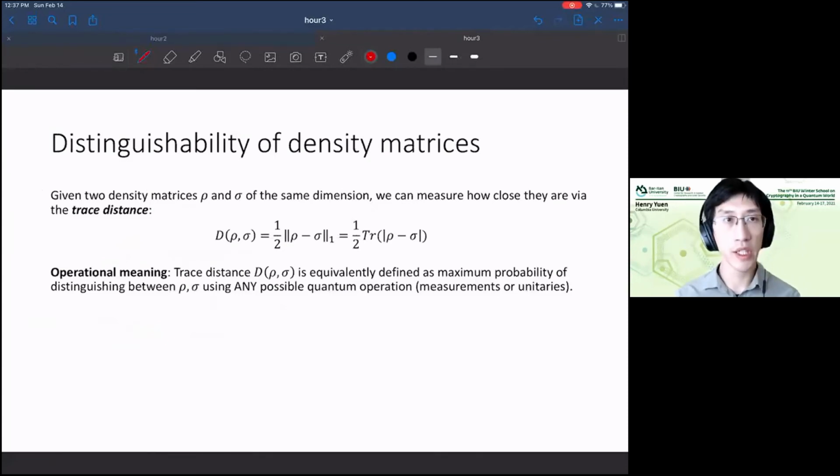So let's talk about distinguishability of density matrices. If you have two density matrices of the same dimension, they're descriptions of possible states of a given system. We can measure how close they are by something called the trace distance. You should think about this as the quantum analog of the total variation distance.